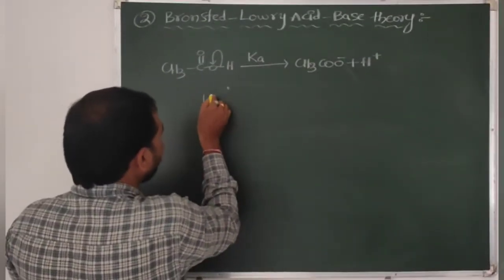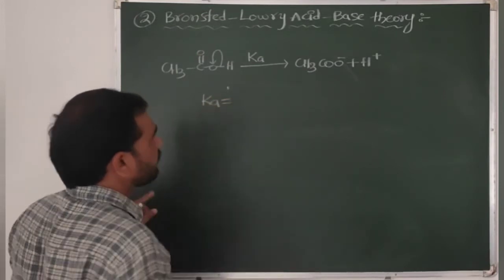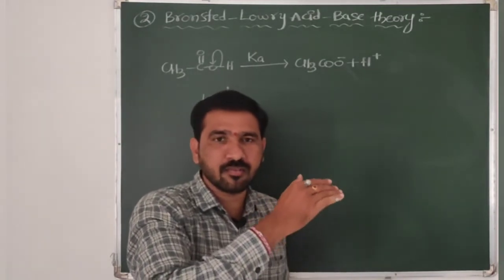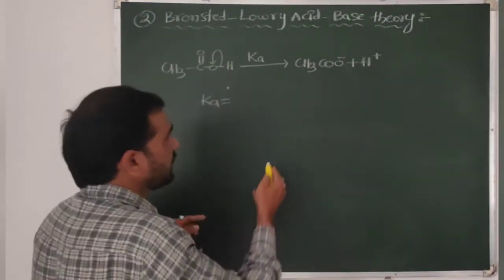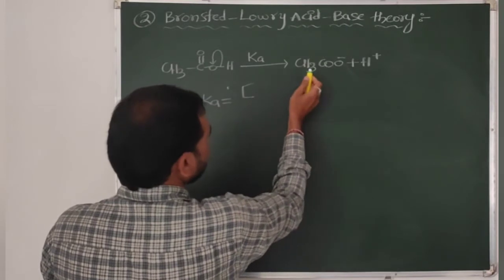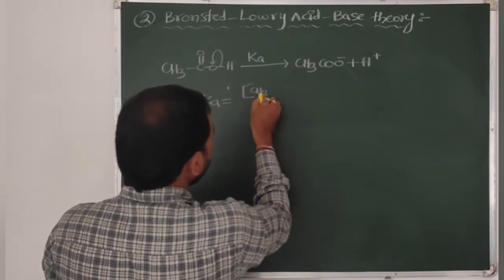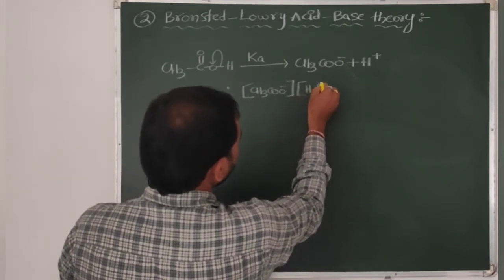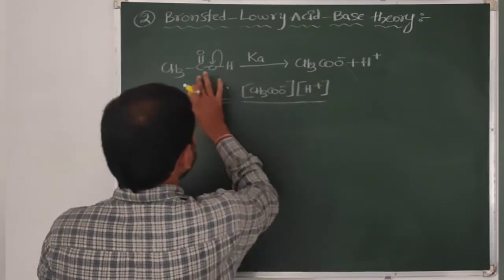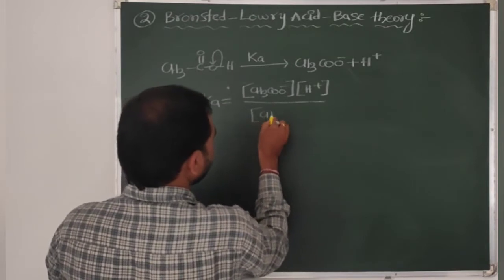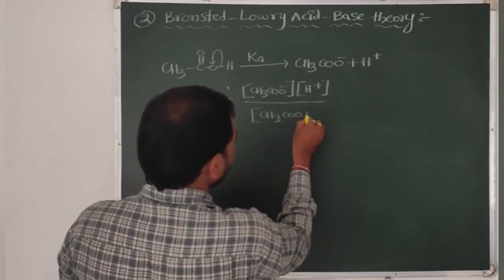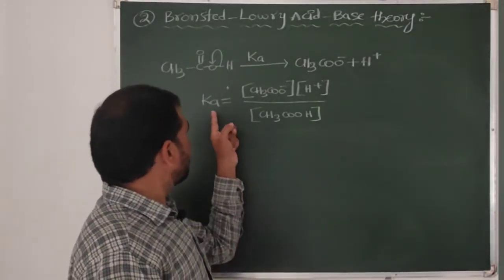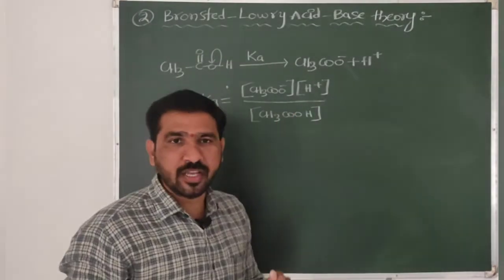So here Ka is equal to the product of concentration of products divided by the product of concentration of reactant. If you see here, concentration of CH3COO minus into concentration of H plus divided by the reactant, that is the concentration of acetic acid. So it means what, beta, here Ka is directly proportional to H plus ion.